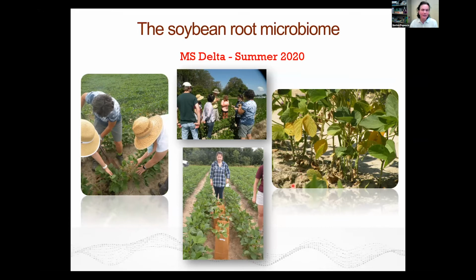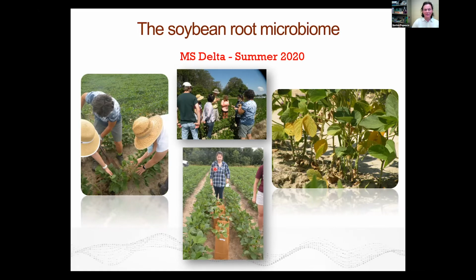microbial communities. So these are some images from last summer when we went to the Delta. We visited a few farms, a few fields, and we got samples from one of the more heavily Zalaria infested fields that we found.